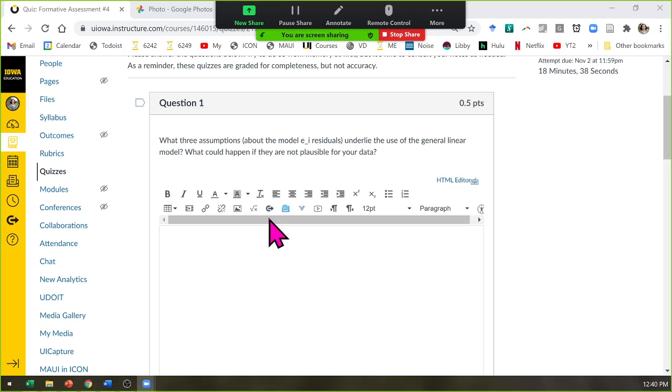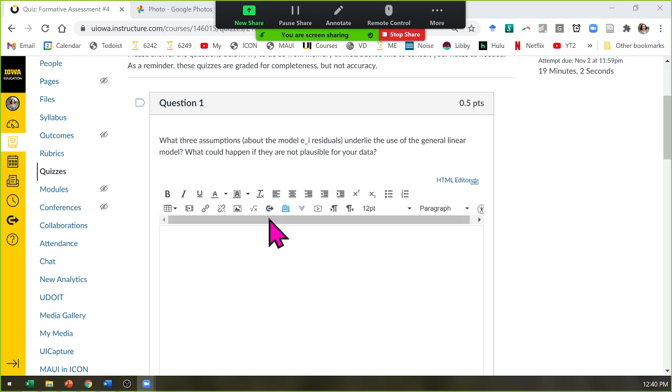Basically, whatever you say in the model needs to be true, or your results are not going to be correct. How's that? And by results, more specifically, it's the standard errors. The point estimates, the number that comes back for what your slope is, that's probably going to be fine.